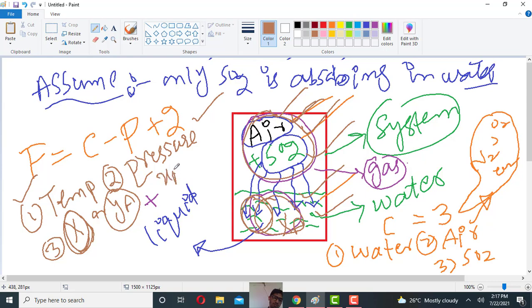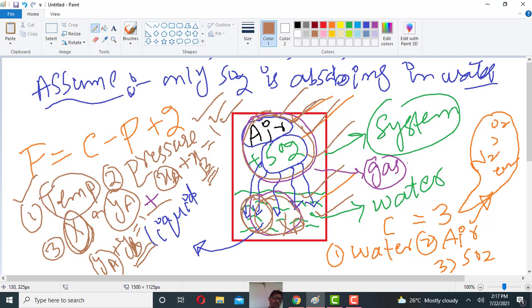So the mole fraction of sulfur dioxide in the water plus the mole fraction of water in the liquid is equal to 1, and the mole fraction of sulfur dioxide in the air plus the mole fraction of air in the gaseous phase will be equal to 1. So if we know this mole fraction, then the other mole fractions will be determined by using these equations. Usually, temperature and pressure are easy to determine by using the temperature measuring instrument and the pressure measuring instrument.